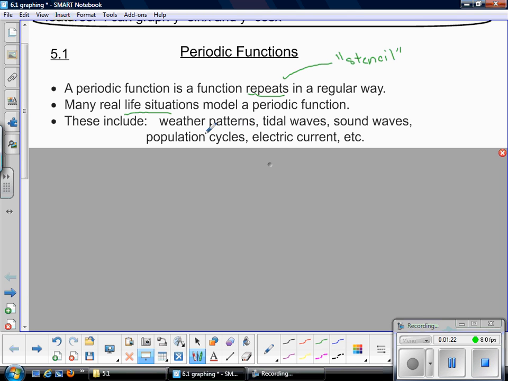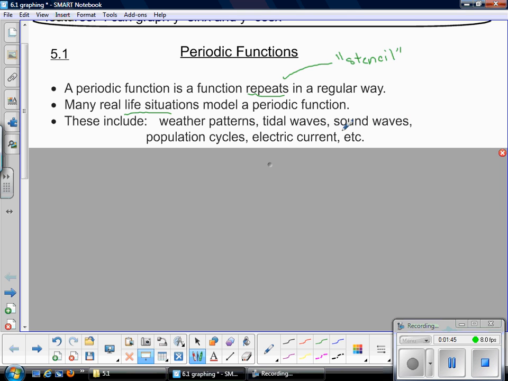Typically, for instance in this area, we have spring at roughly the same time of the year, the same with summer, fall, and winter, and our temperatures are roughly the same in those periods. So in a sense, we're repeating in a regular way. Tidal waves are another example: high tide, low tide, high tide, low tide.